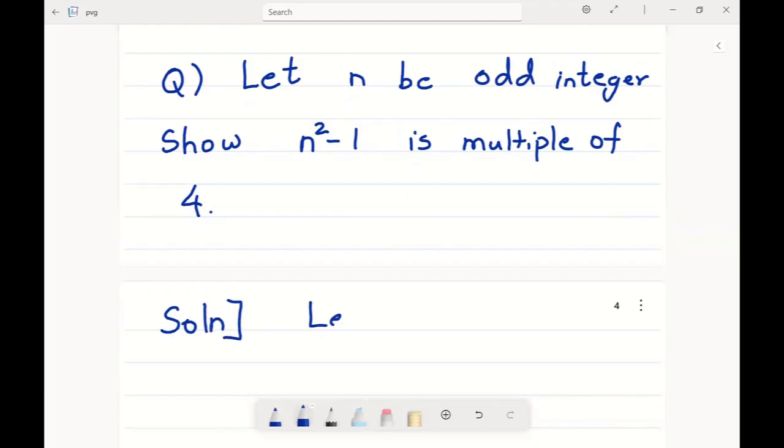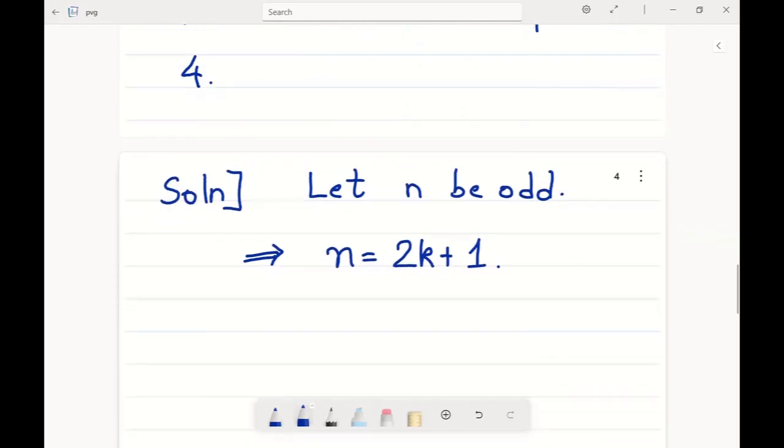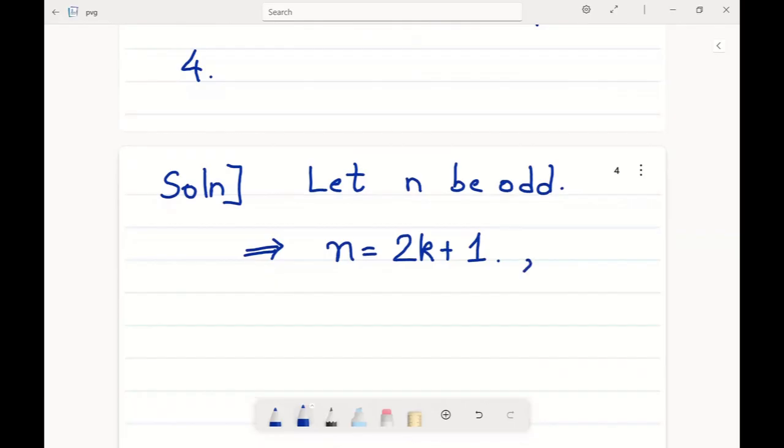So we know that n is odd, so let n be odd. So this means n will be of which type? n will be of the fashion 2k plus 1, correct? Where k is an integer. Then I will find n square.